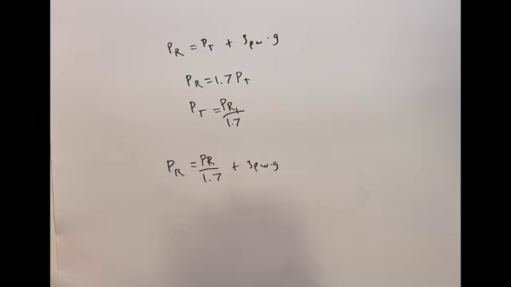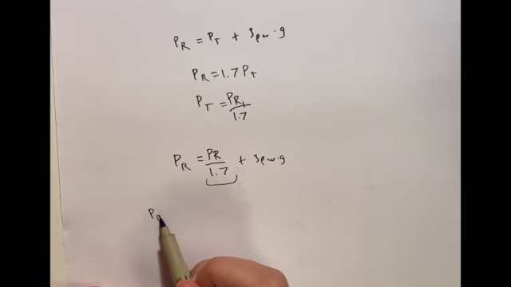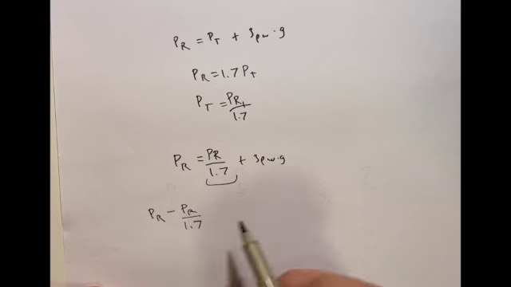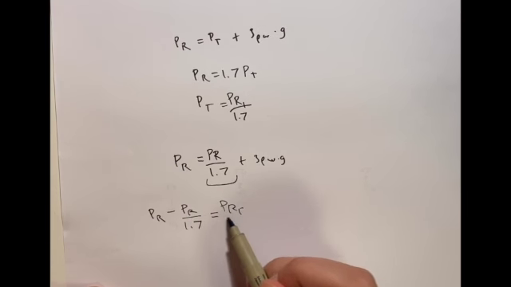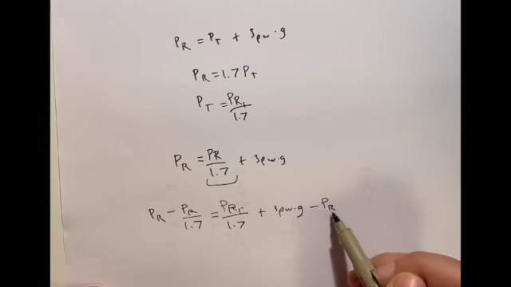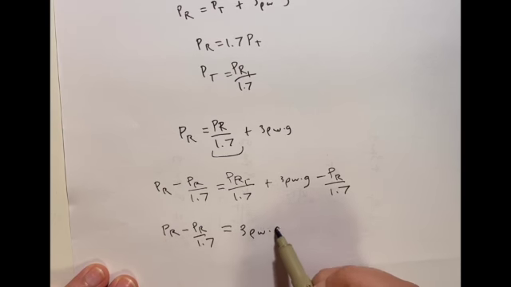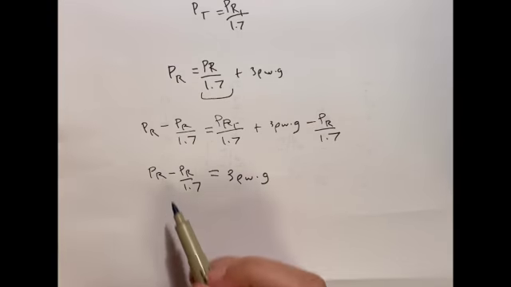We can begin by subtracting this term from both sides. We can now factor out P_R.